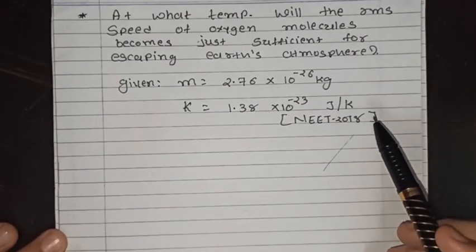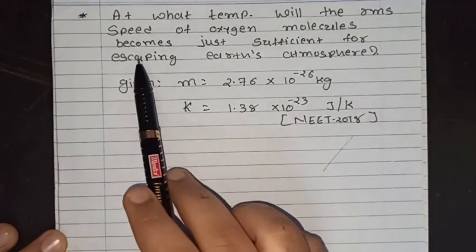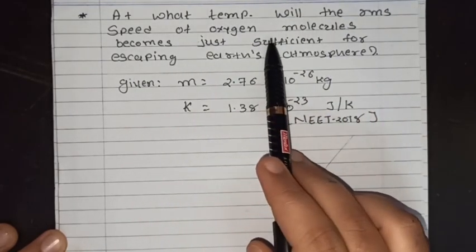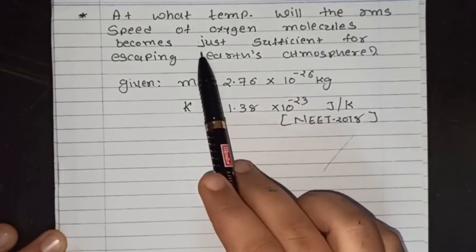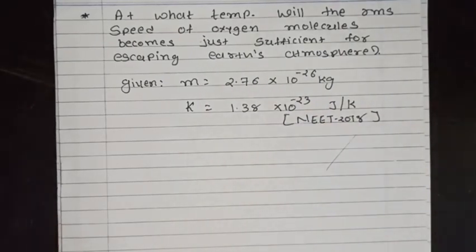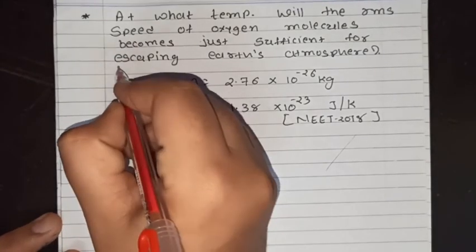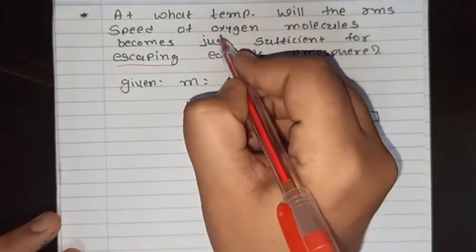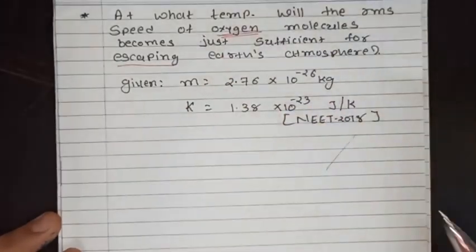In this question, at what temperature will the RMS speed of oxygen molecules become just sufficient for escaping Earth's atmosphere? Here we want to escape Earth's atmosphere, and the gas is oxygen gas.